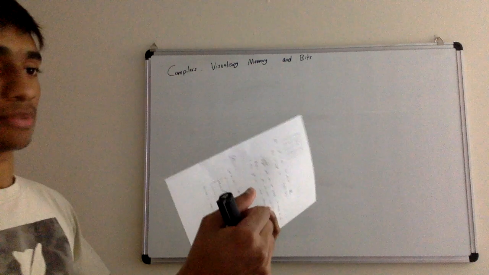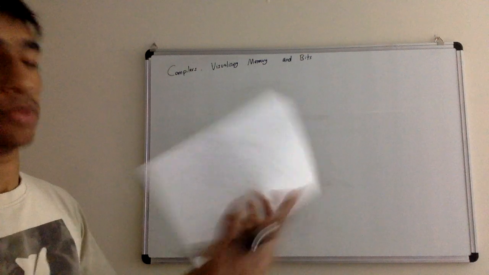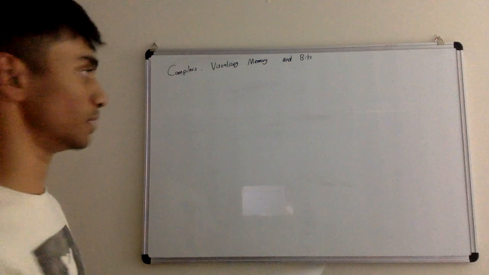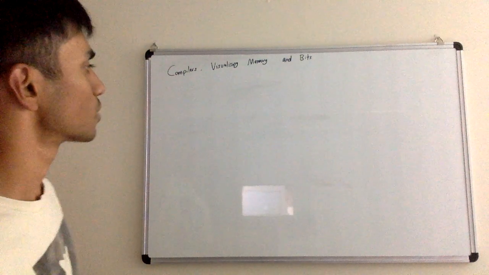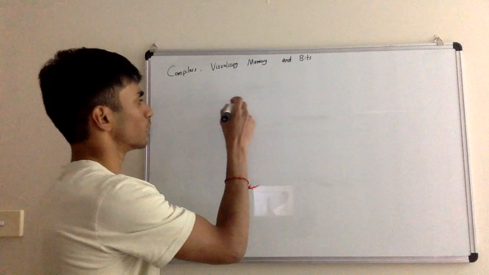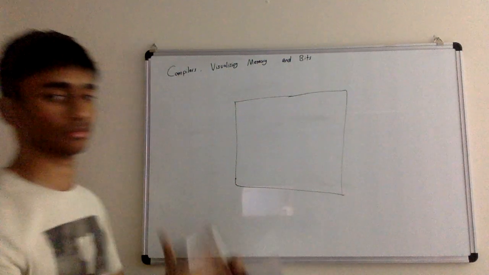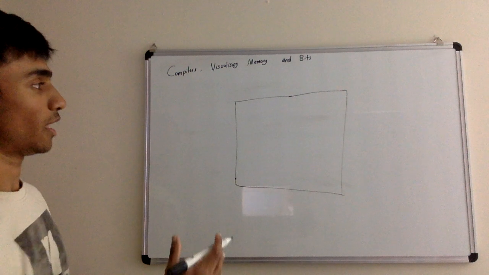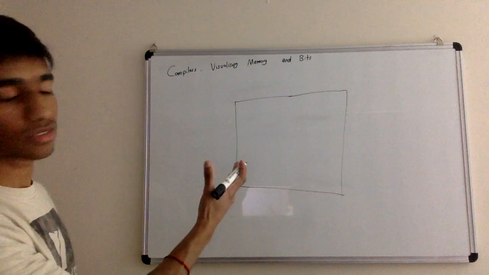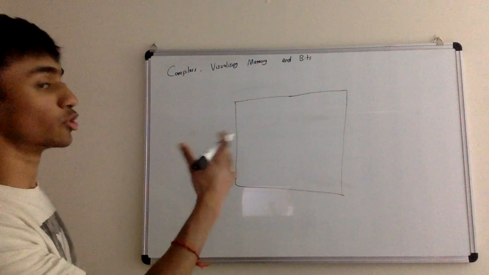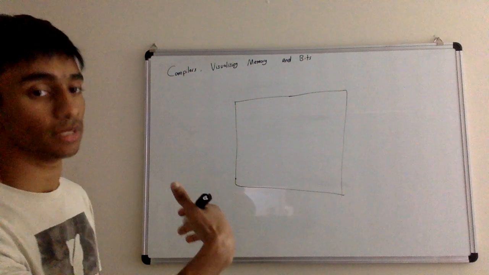Before it can add them together and show you the result, it has to remember those numbers. It has to write those numbers into memory. So you can think of memory as a box or a big rectangle, and it's space for the computer to write down data for it to remember, so we can use it later.